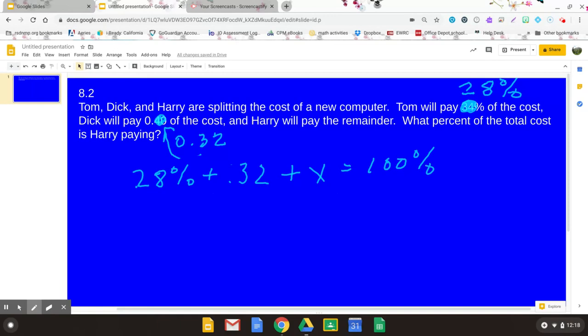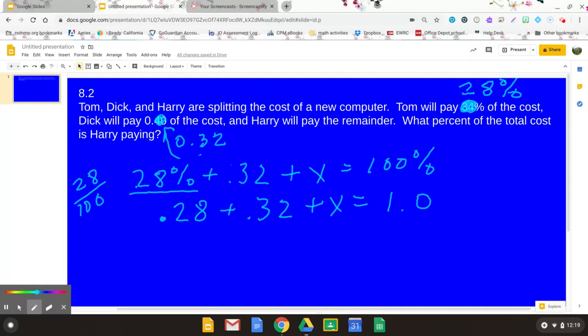And then I'm going to change that 28% into a decimal. So I know 28% is equal to 28 over 100. So that equals 0.28 plus 0.32 plus X equals 1, or 1.0. 0.28 plus 0.32 is equal to 0.6, plus X equals 1.0.